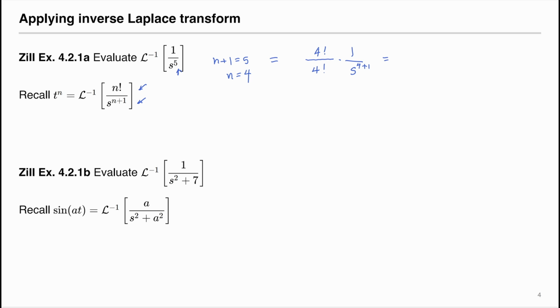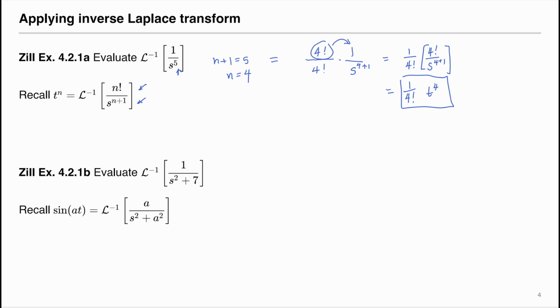Then I can bring the 4 factorial at the bottom out front, so that I have 1 over 4 factorial times 4 factorial over s to the 4 plus 1. Then we can notice that this term can be written using the table. So we have 1 over 4 factorial, and because n equals 4, we have t to the 4. And we have solved the problem.